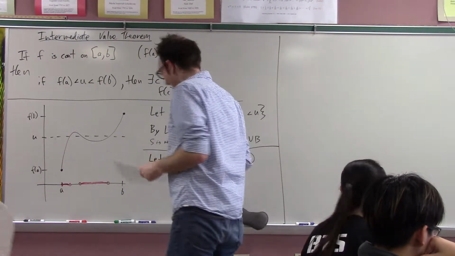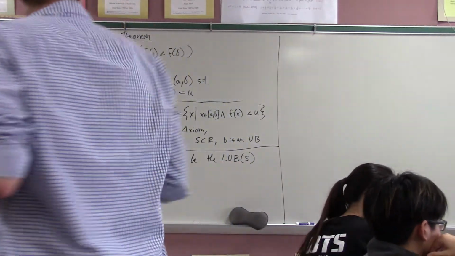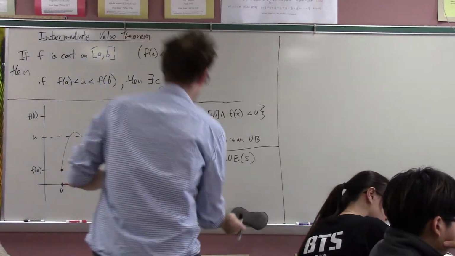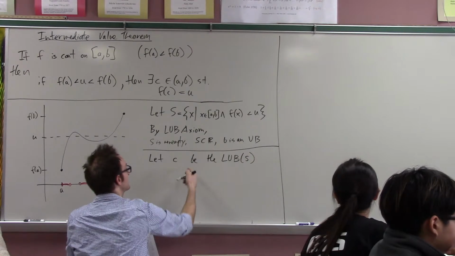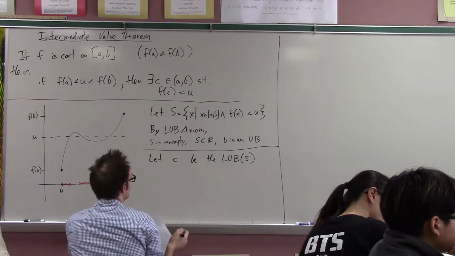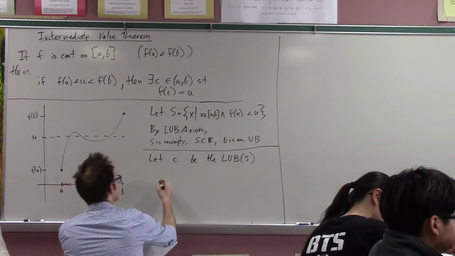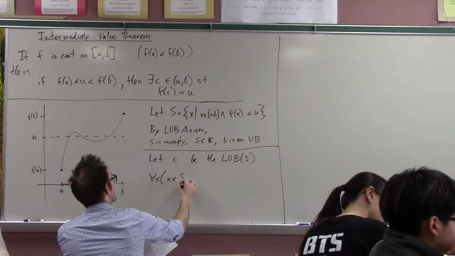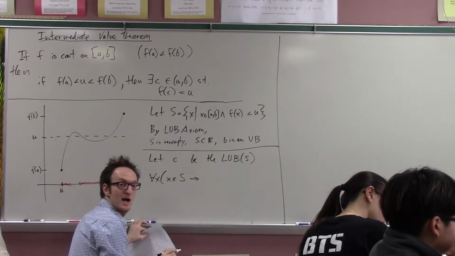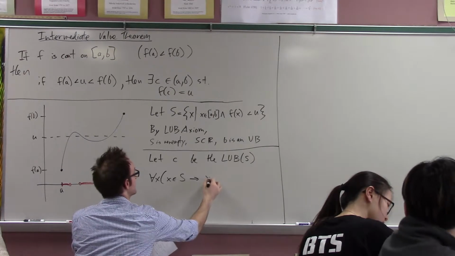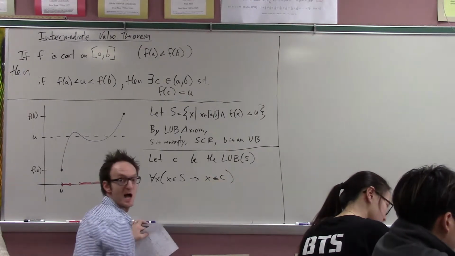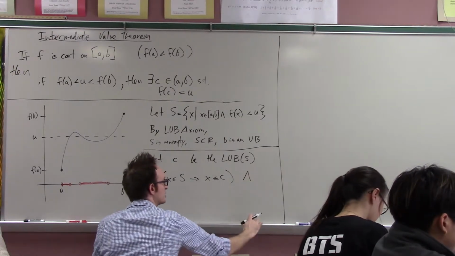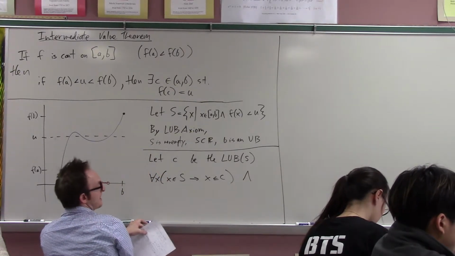All right. And what does it mean to be the least upper bound of a set? Let's just recall. If C is the least upper bound, then two things are true, right? First of all, it's true that for all x, if x is in S, then x is less than or equal to C. That says that C is an upper bound. And it's true that C is the least upper bound.